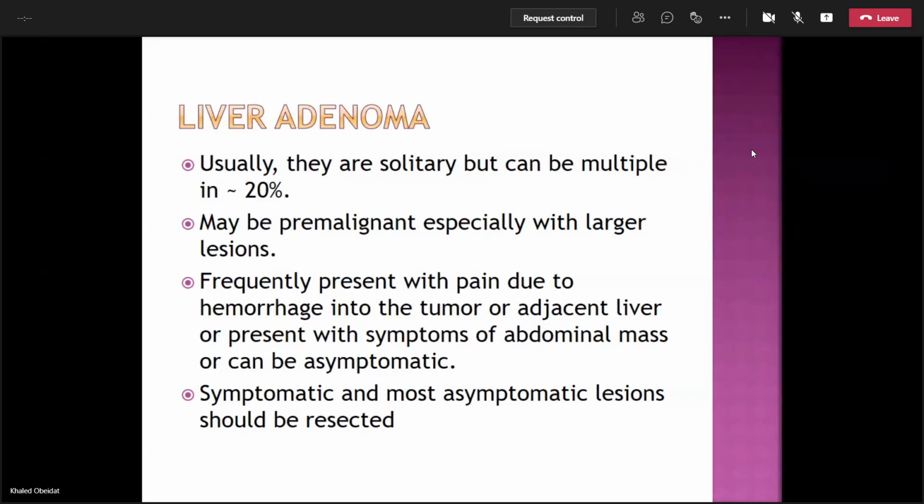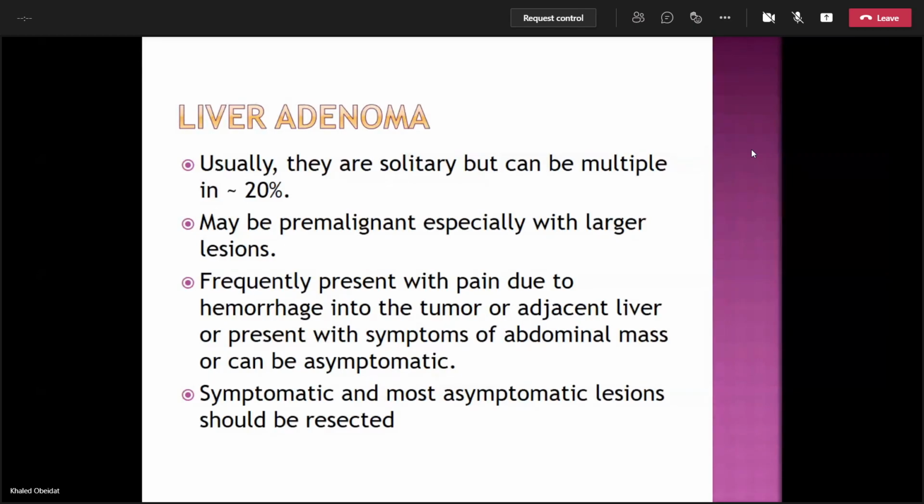In these cases, there's a chance that if we stop the OCPs or if the patient gets into menopause, there may be shrinkage and regression of the adenoma, and we have to follow these patients with imaging. And if we see that the lesions are decreasing in size and not progressing, then that will be reassuring for us that conservative treatment can be continued.